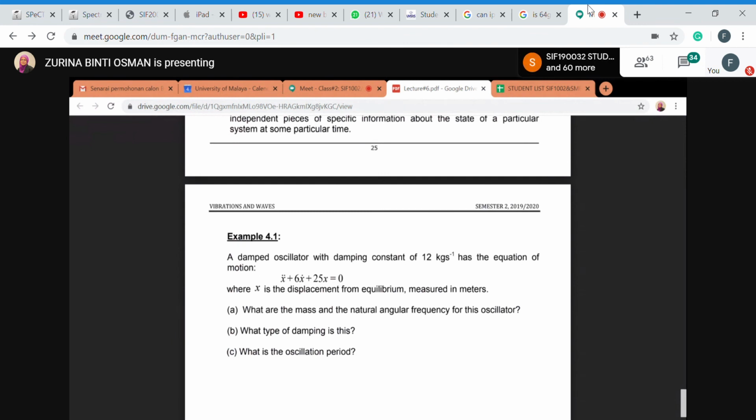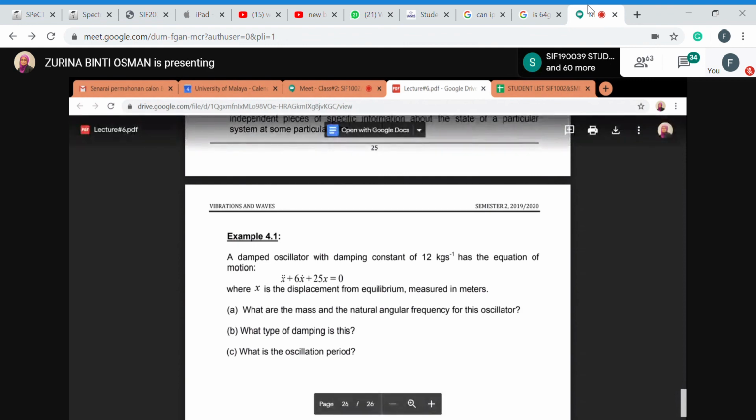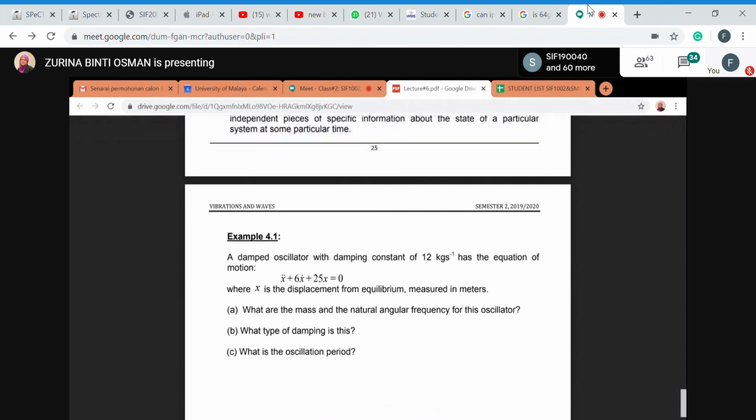Then what type of damping is this? As I mentioned, in cases 1, 2, and 3, to know which damping type we fall under, you need to compare the value of gamma on your left and the value of 2m omega naught on your right.